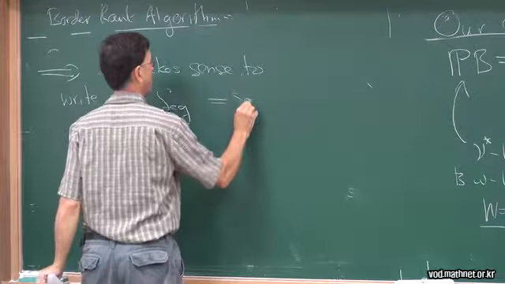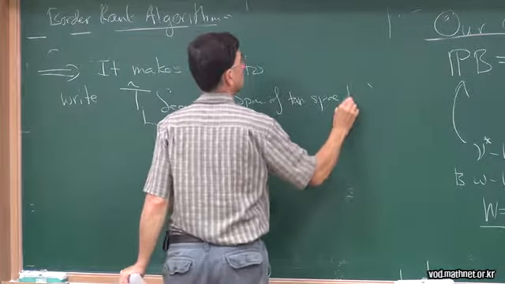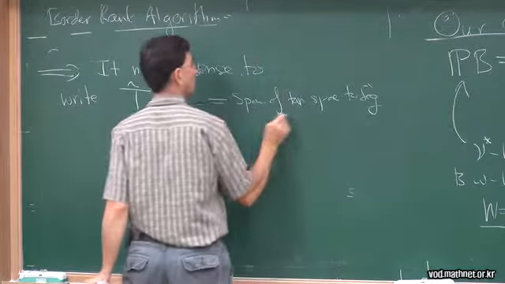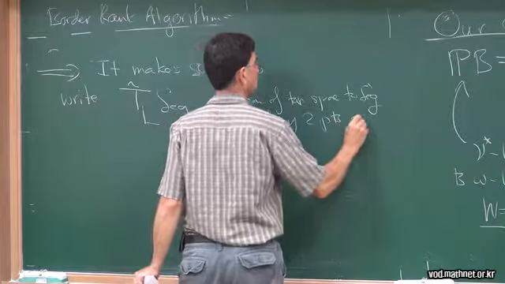So this is the span of the tangent space to the Segre at any 2 points on L.